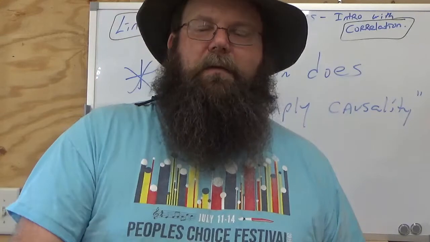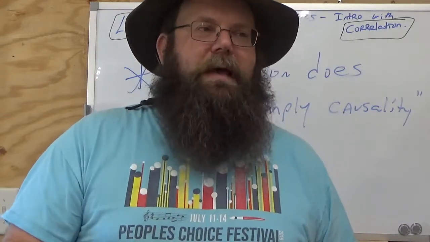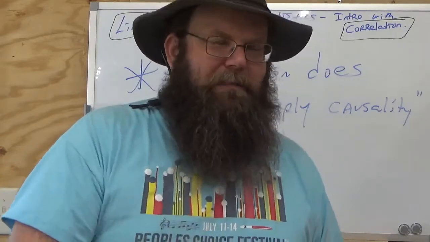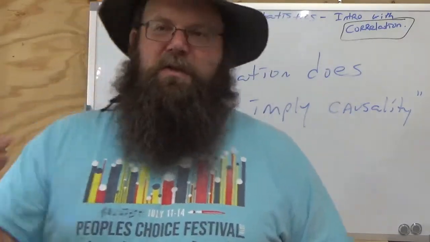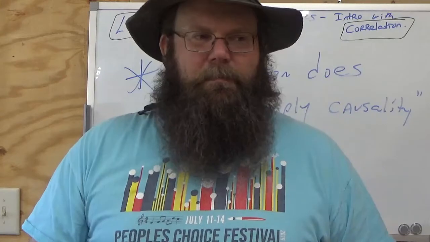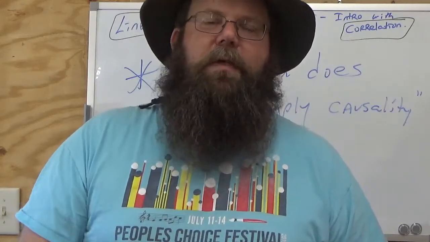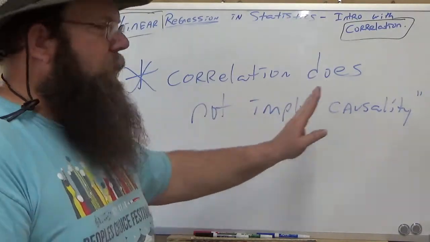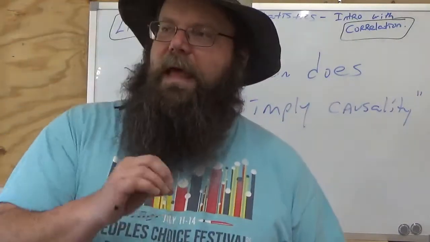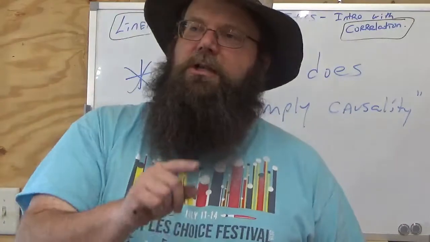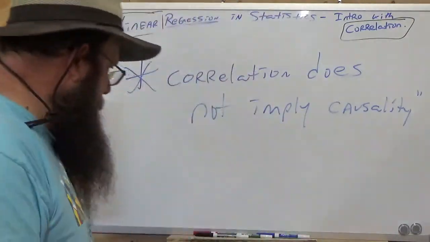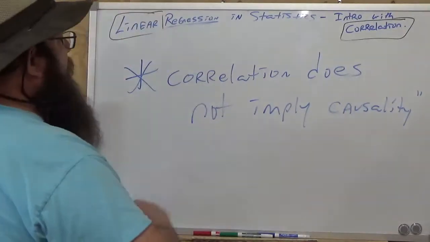It was a few-day lesson about all the ways that statistics is misleading. Remember, there were bad graphs, and there was all this other stuff. And one of the biggest things there was correlation does not imply causality. What does that mean? That means just because we throw a graph together. Let's do this.